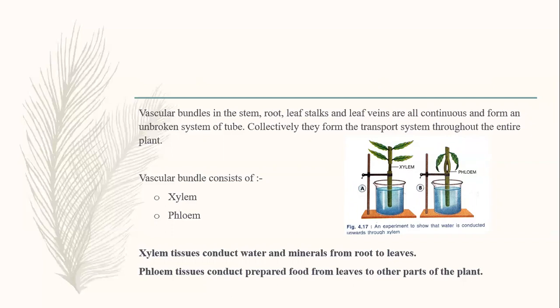Here, the diagram given shows two leafy shoots. Diagram A is the twig of the plant with the xylem intact and phloem removed. In that twig, xylem is present and the outer phloem is removed. Diagram B is the twig of the plant with the phloem intact and xylem removed.